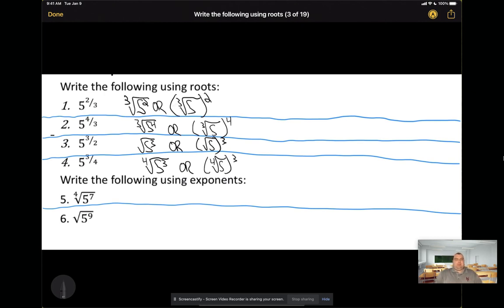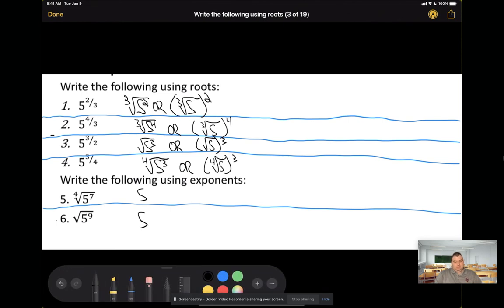For 5 and 6, we're basically going to do the opposite. Instead of going from exponential to roots form, now we're going to go from roots to exponential form. So we're going to write this as a fractional exponent, 5 to the power of something.